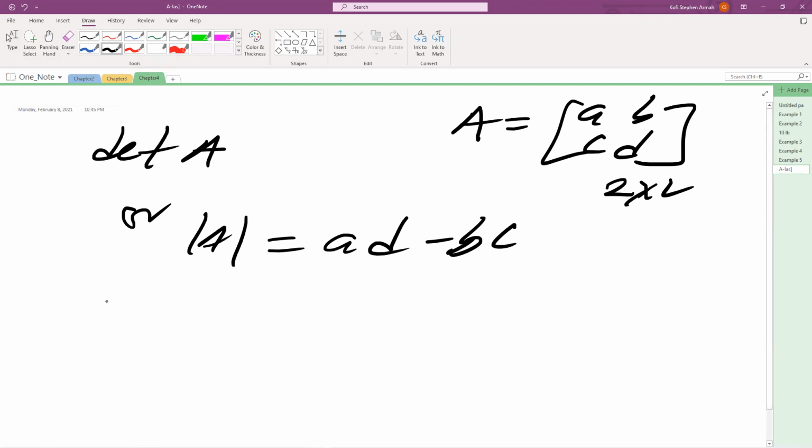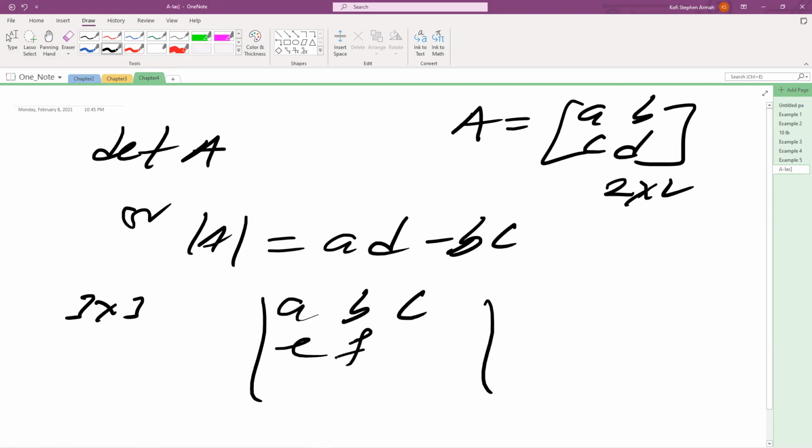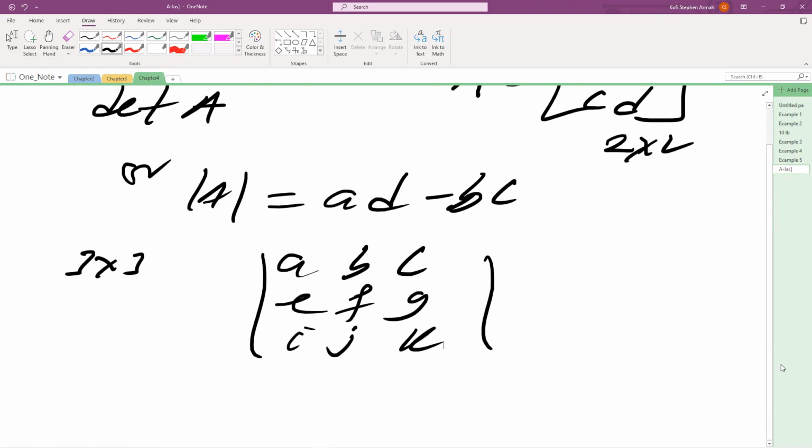But if you are doing a 3 by 3, for example, with rows A, B, C, then E, F, G, then I, J, K, some of you learned this in maths.